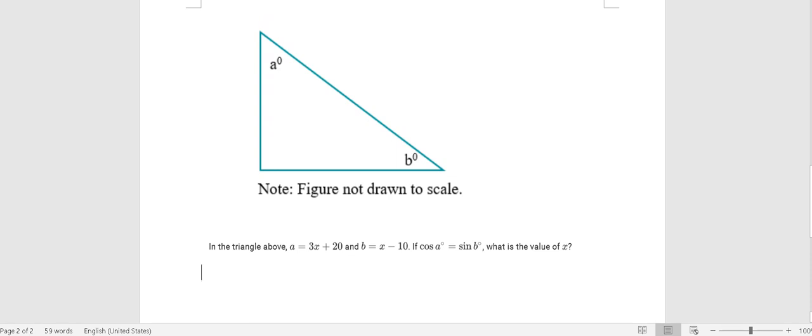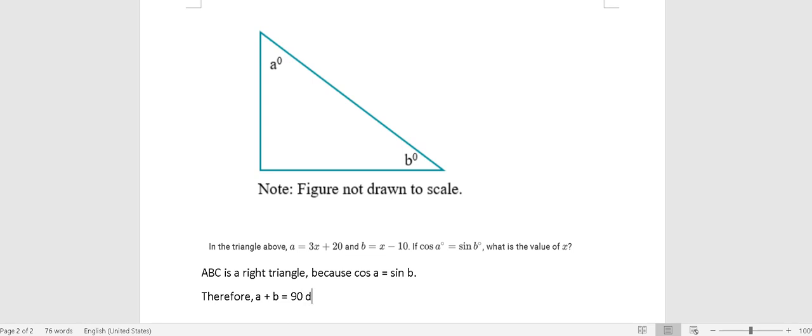It's a right triangle. In a right triangle, the cosine of A equals the sine of B, the alternating angles. Okay, so let's call it ABC is a right triangle because cos A equals sin B. Therefore, A plus B equals 90 because one angle is already 90 and the sum of all angles in a triangle is 180.